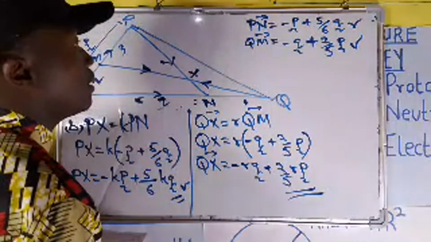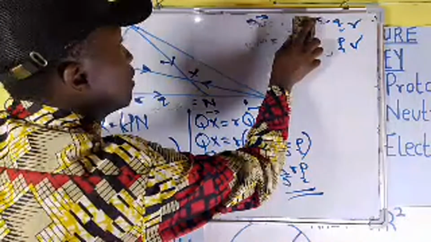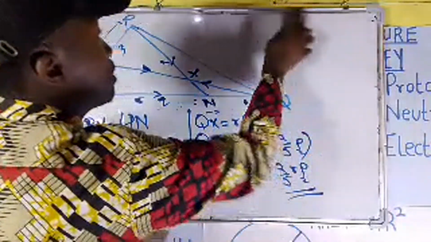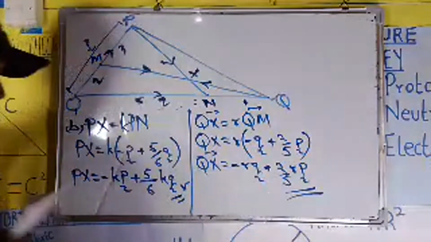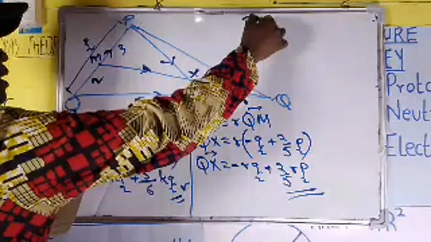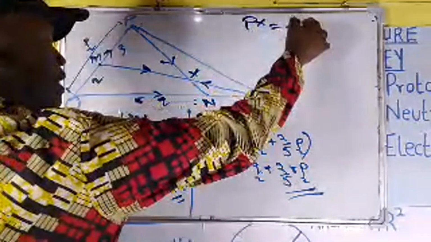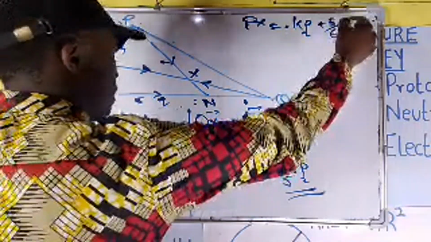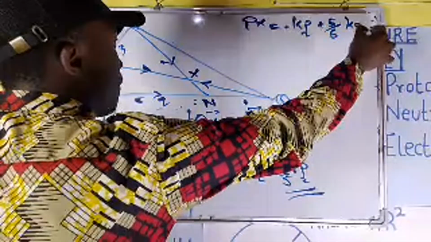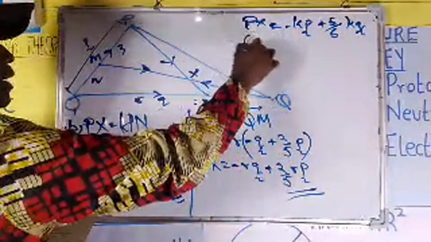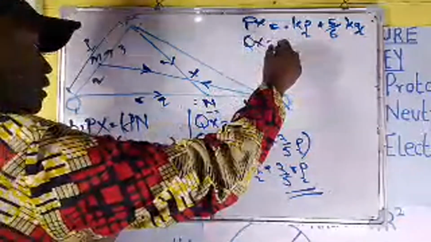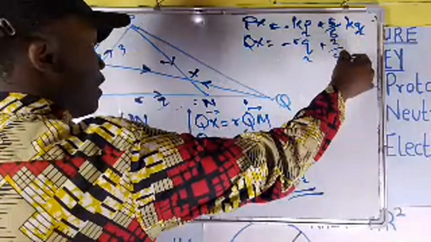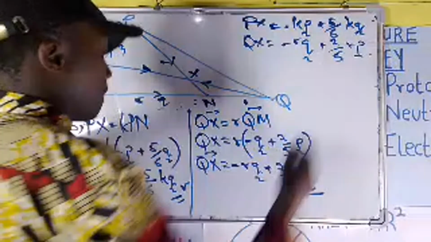I think we may not even need these. I don't know, maybe we will need them, I hope so. We will need them. So we have PX is minus KP plus 5/6 KQ, and QX is minus RQ plus 2/5 RP.